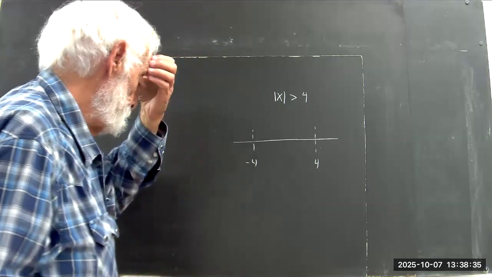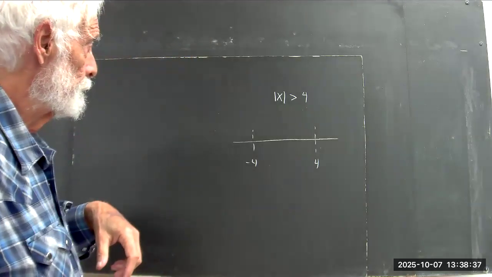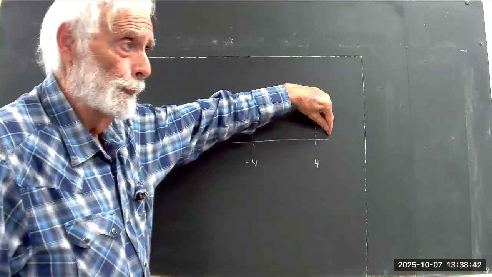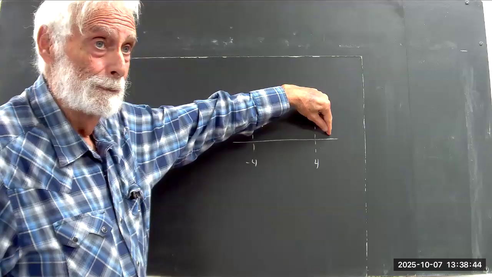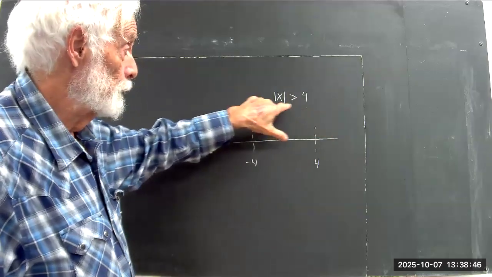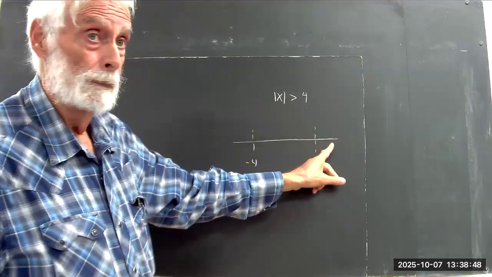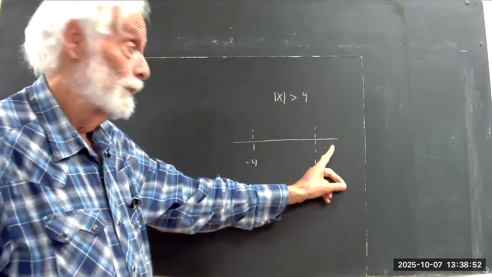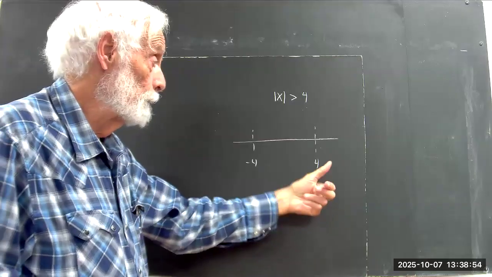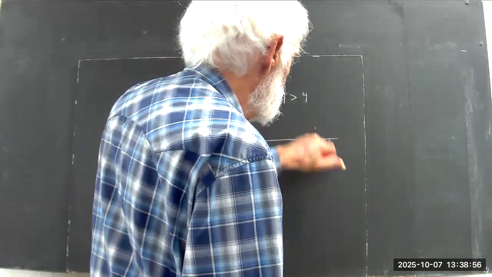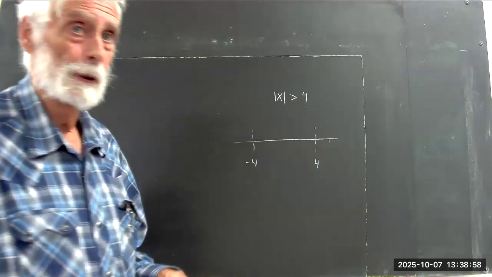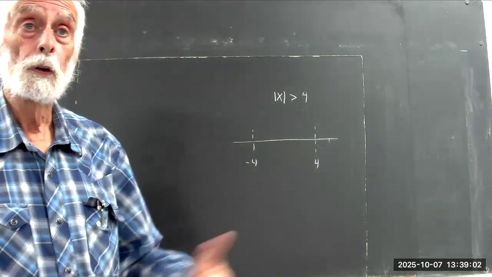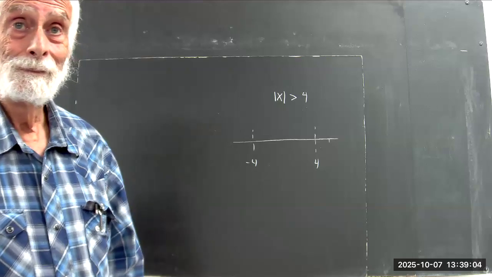Now, if x is here, see where I'm pointing? Is its absolute value greater than 4 or less than 4? This point right here. Here's 4. That point. We just made that mark. Is the absolute value of that number greater than 4 or less than 4?